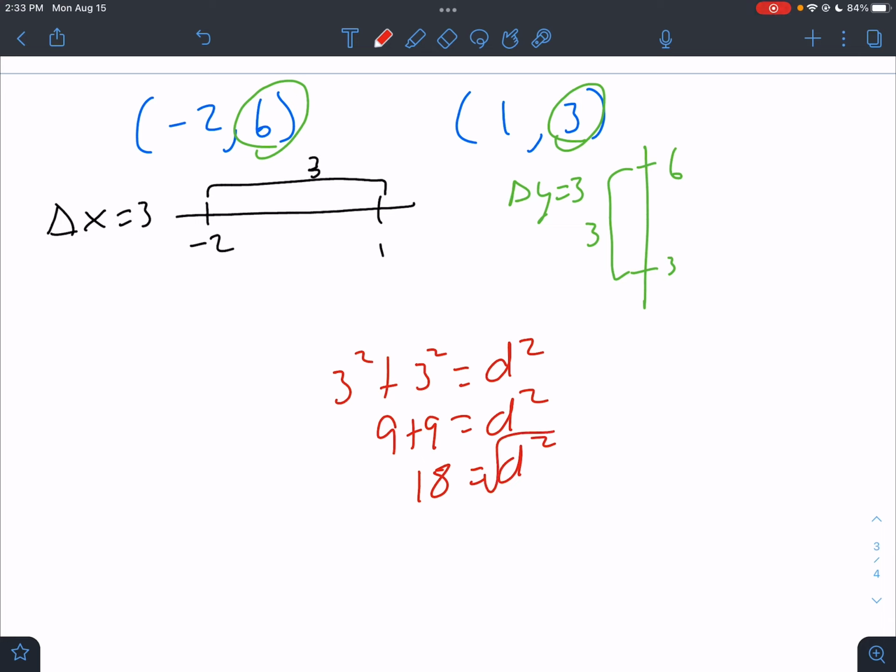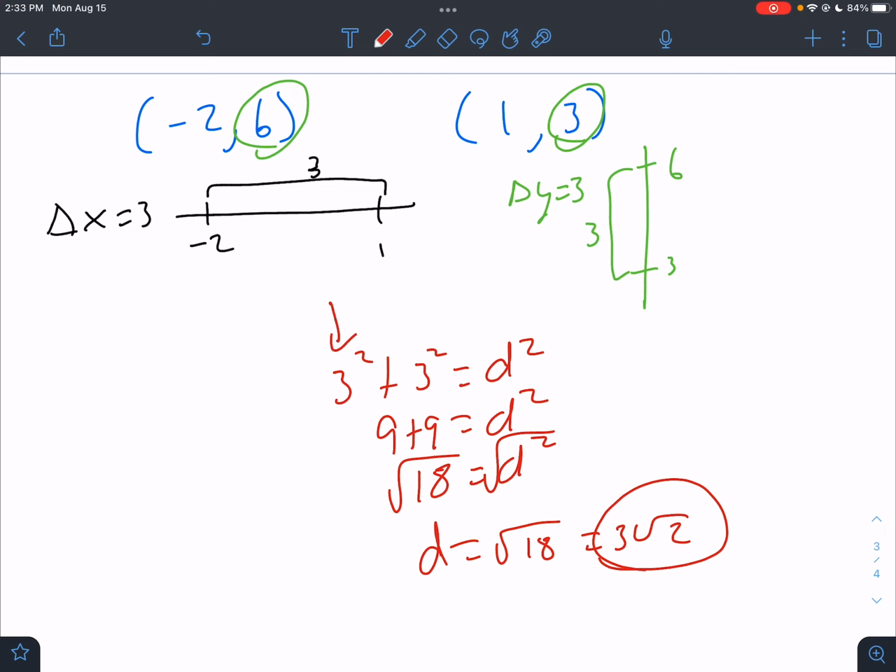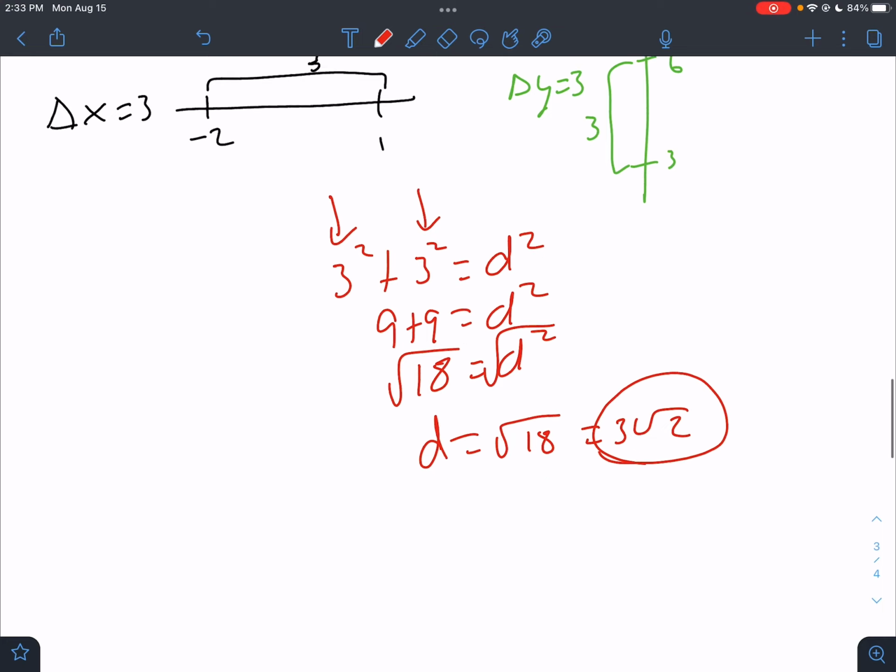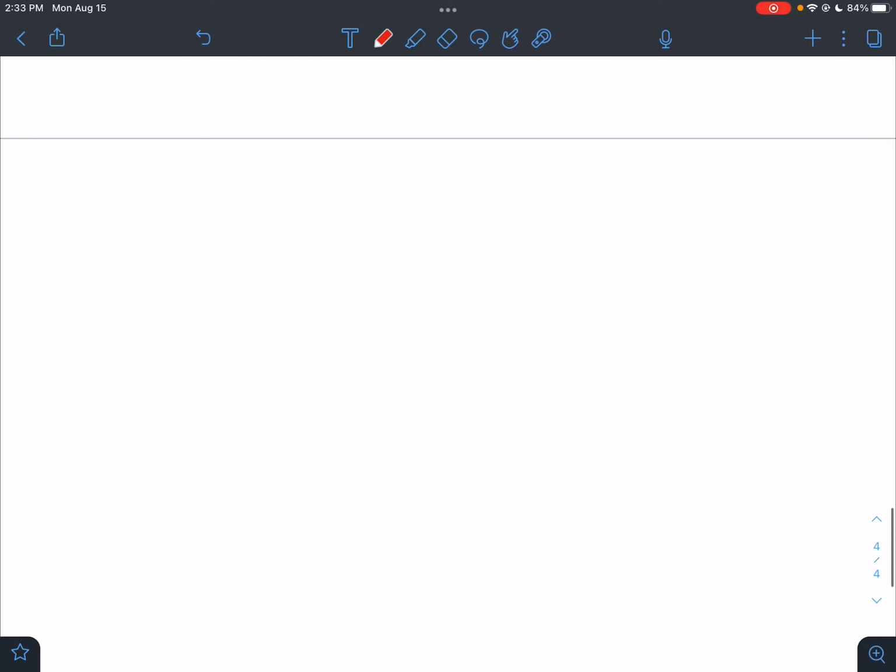We do the square root of both sides, so the distance equals the square root of 18, which if you simplify that is going to be 3 root 2. So we're figuring out how far apart are the x's, square it. How far apart are the y's, square it. I want us to get pretty quick at this though, so I'm going to show you a few more examples, then we'll be done here, but I want to show you how to go a little bit faster.